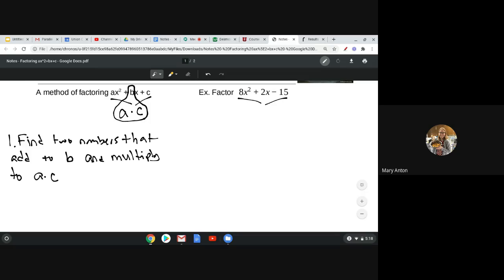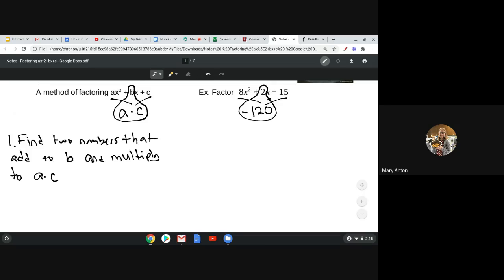We're going to take 8 times negative 15. So if you type that into a calculator, or maybe do that in your head, remember that there are 15 minutes in an hour, and an hour is 60 minutes. So that means we have 2 hours here, this will be a negative 120. And then we're going to be dealing with this product of negative 120 and the sum of 2.